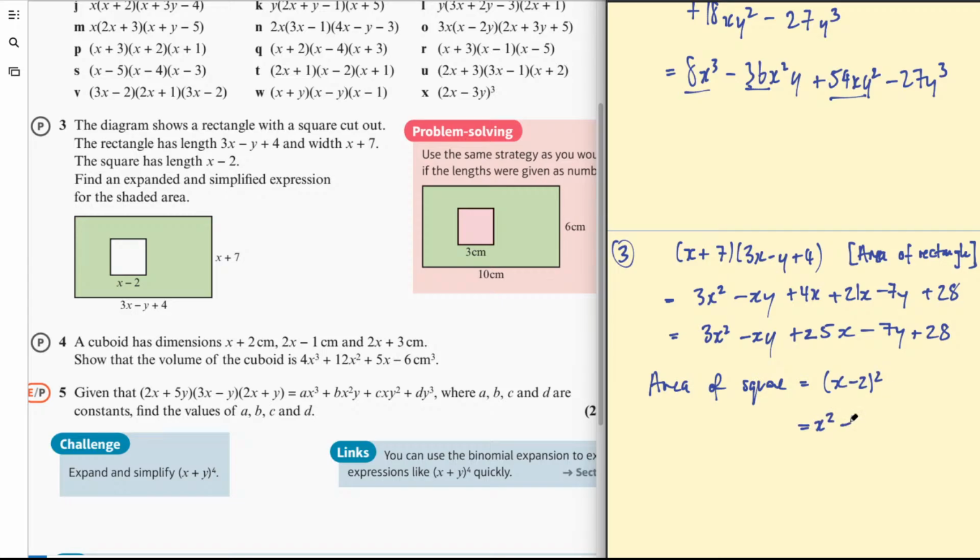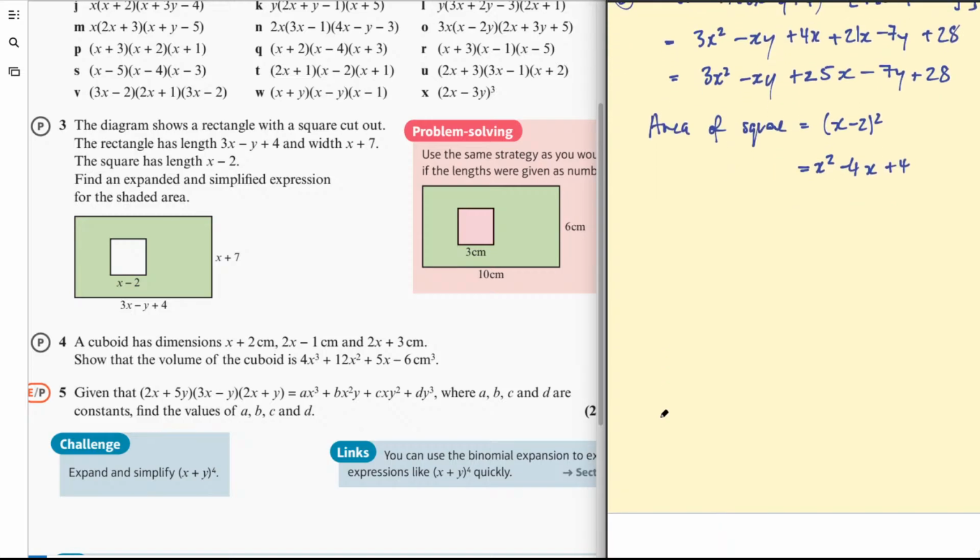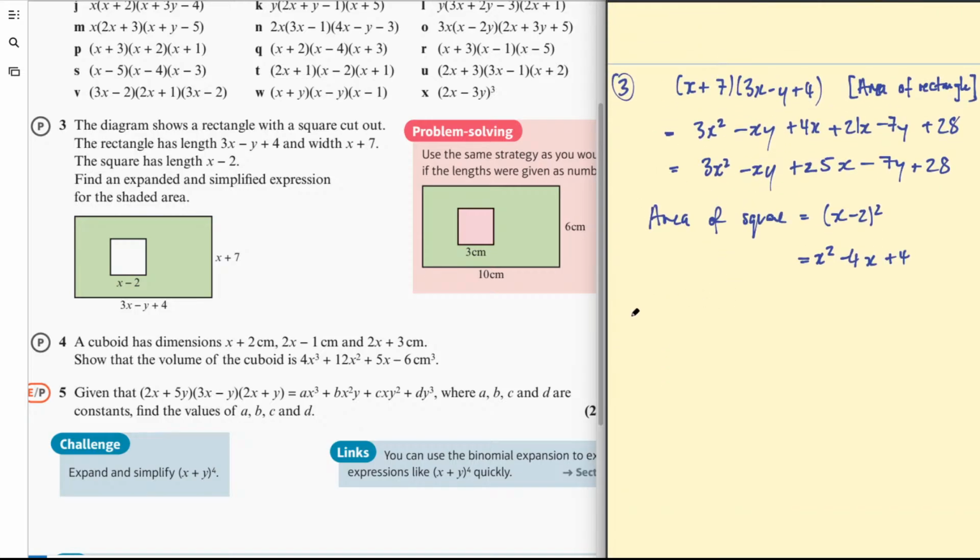This is x squared take 4x plus 4. Then we need to subtract those. So we're going to run out of room. We're going to do 3x squared take xy plus 25x take 7y plus 28 subtract x squared take 4x plus 4.